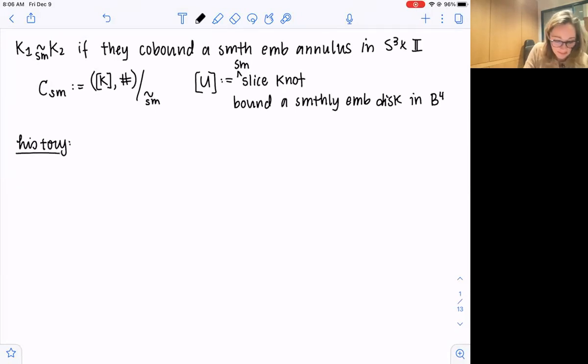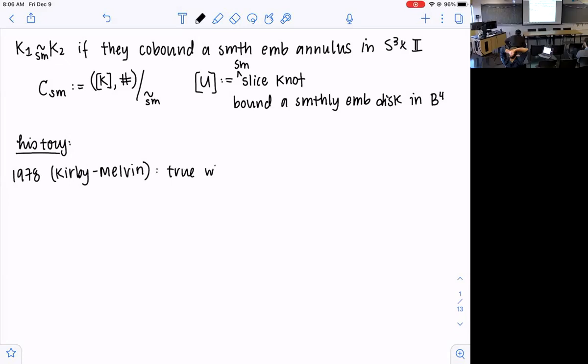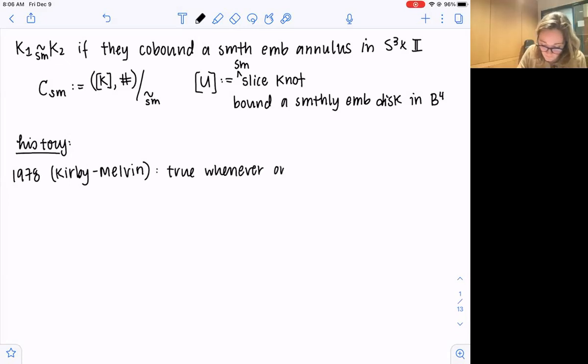Very first, in 1978, this is due to Kirby and I believe Melvin, and they showed that this is always true whenever one of the knots is the unknot. Whenever the unknot shares a zero surgery with some other knot, then that knot must be smoothly slice.